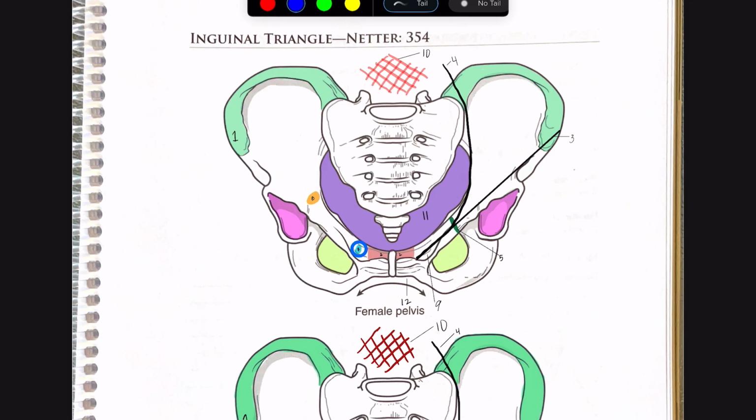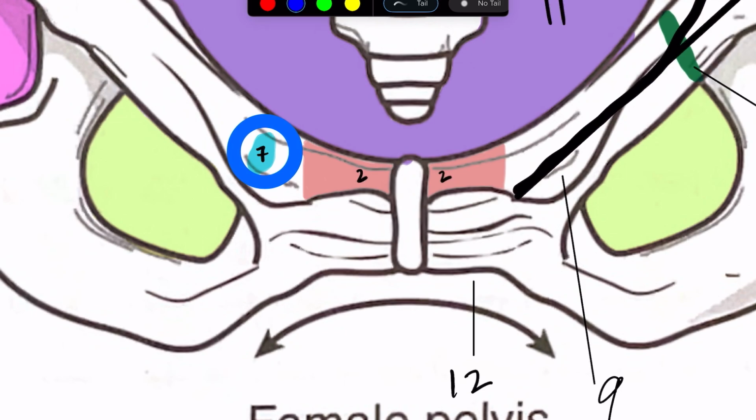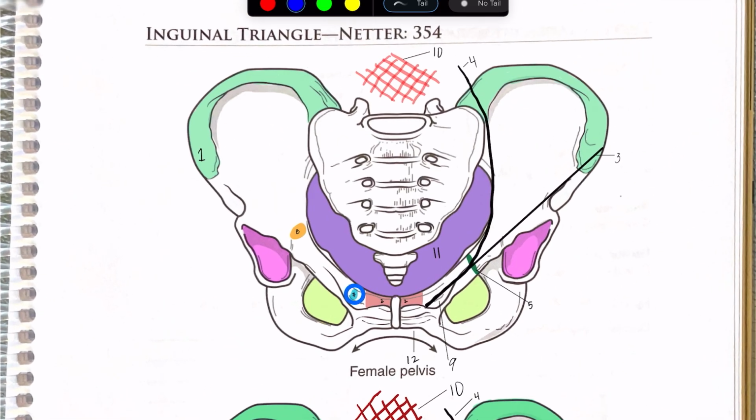Then number two, that is going to be that pubic crest, which we talked about sitting down here in the pubis in an earlier video with pubic symphysis right there. Number three, that is going to be your inguinal ligament. So you have a ligament that runs from this ASIS up here all the way down to that pubic tubercle.